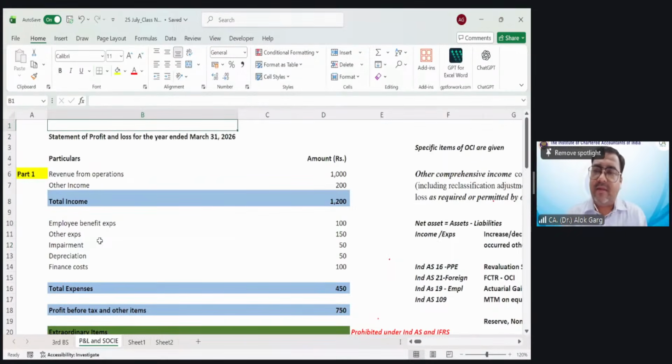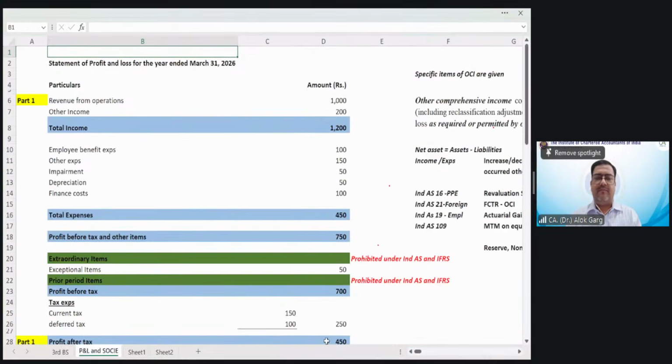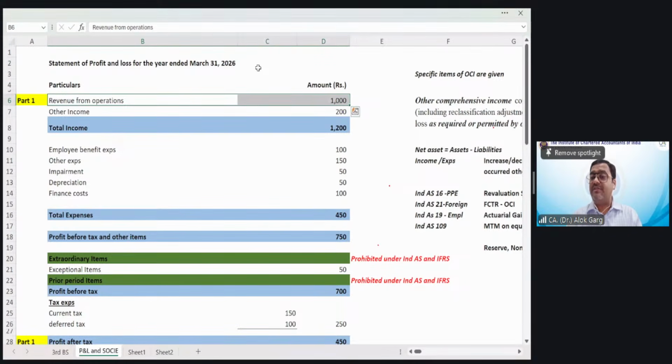I hope my Excel file is visible to all of you. Is it visible, my dear friends? Great. This is my statement of profit and loss for the year ended 31st March 2026. This is revenue from operations, ₹1,000 or 1,000 lakhs, whatever.